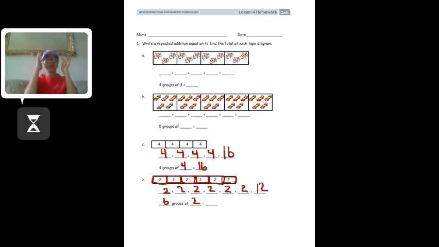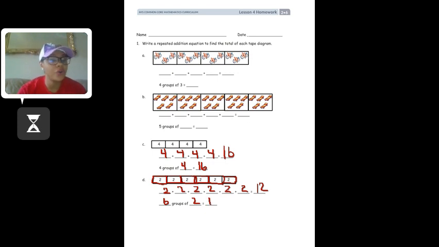And so for this next one on our sentence statement, we can see that 6 groups of 2, which is in my tape diagram, which is also in my repeated addition equation, is the same thing as 6 groups of 2 has a total of how much? 12. So I know that 6 groups of 2 equals 12.